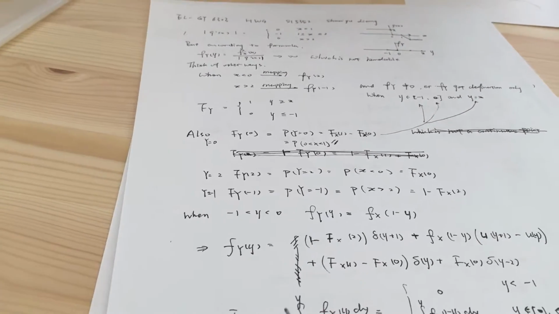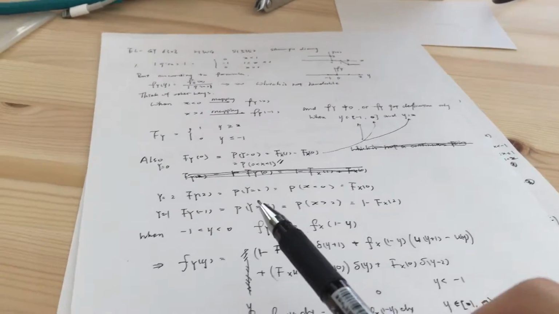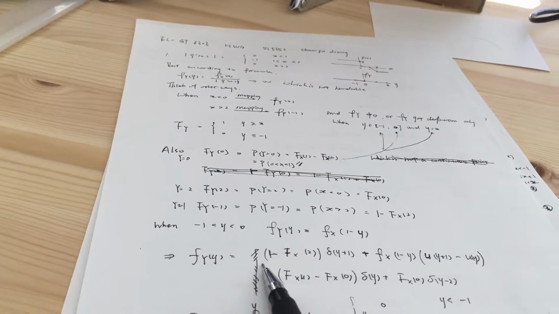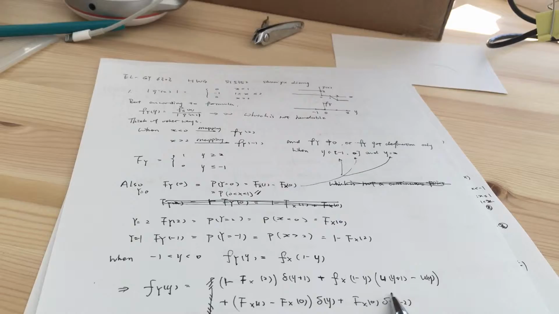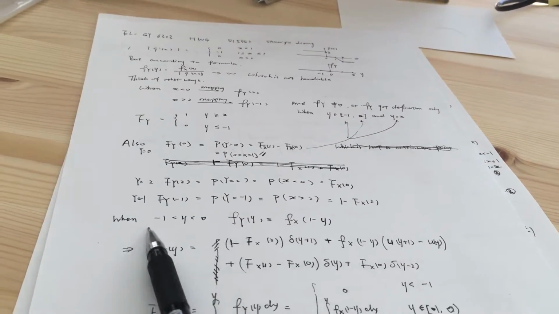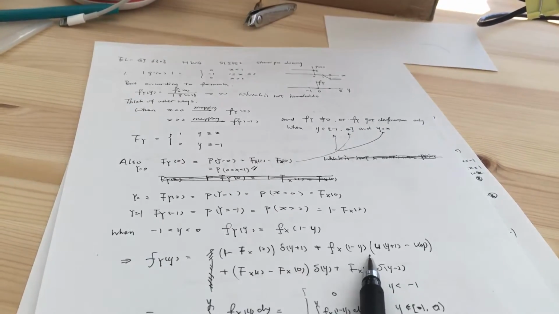Right now I just need to form the lowercase f_Y. For y equals minus 1 we have this formula, and when y is in the interval of minus 1 to 0, this is the interval and we write this here.